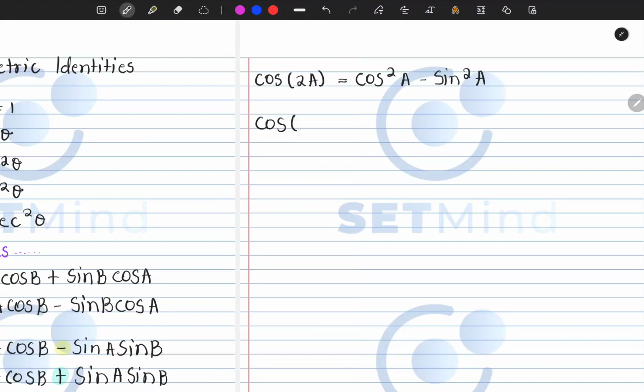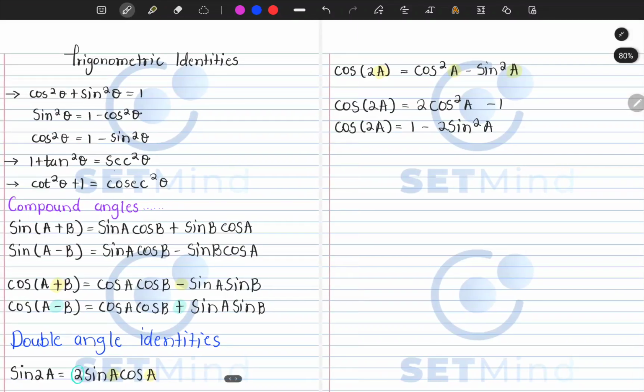Your cos of 2A can also be written as 2 cos squared A minus 1. What is very important, the angle is no longer double. Or our cos of 2A can be written as 1 minus 2 sine squared A. These are the double angle identities which you must make sure that you do know. Very important.